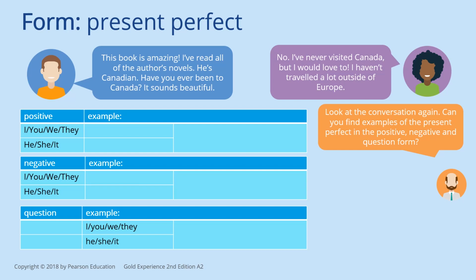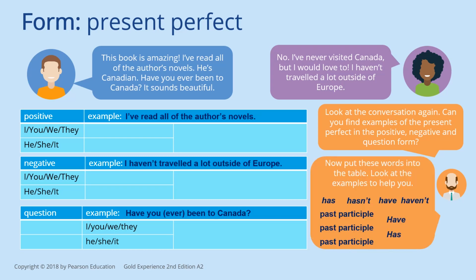We've got a positive example: I've read all of the author's novels. A negative one: I haven't traveled a lot outside of Europe. And finally, a question: Have you ever been to Canada? Now put these words into the table. Look at the examples to help you.